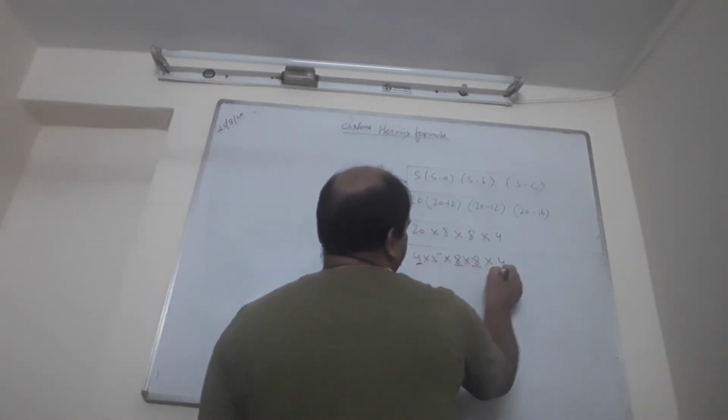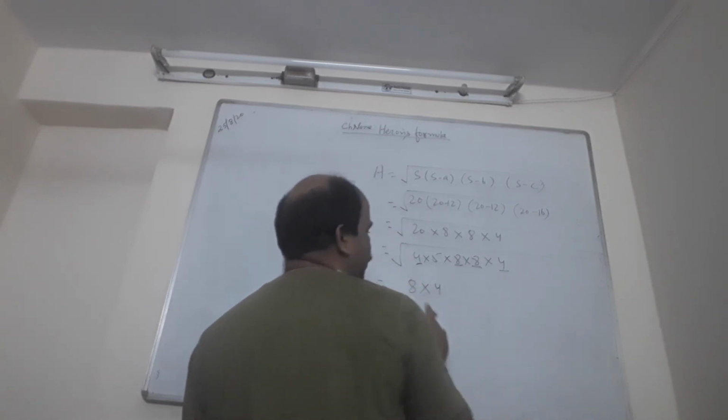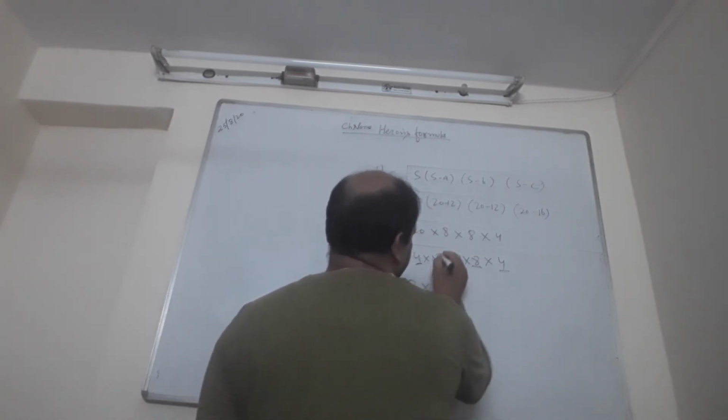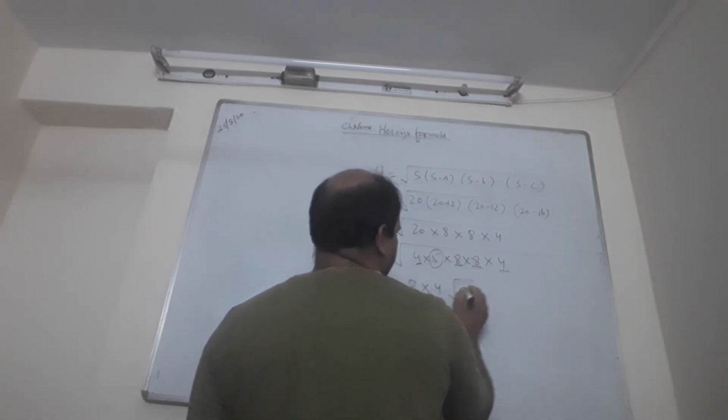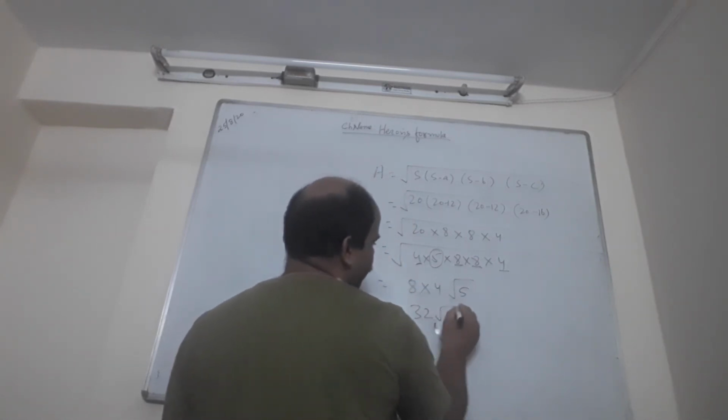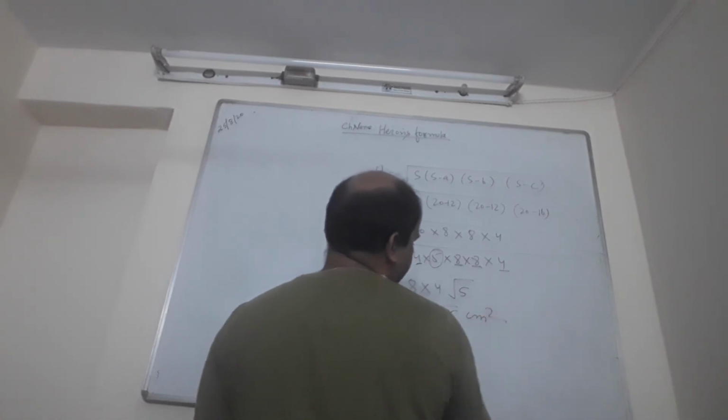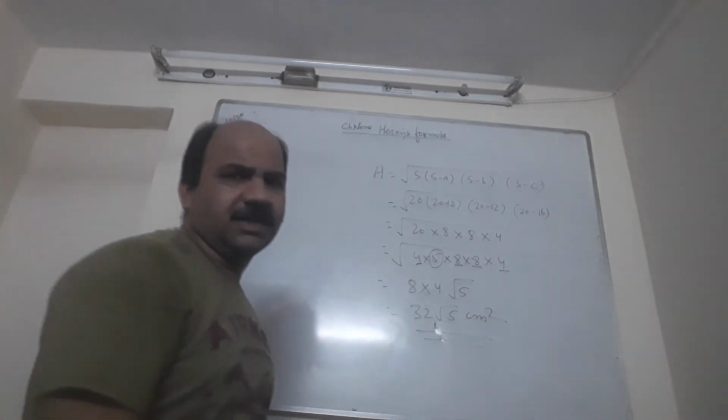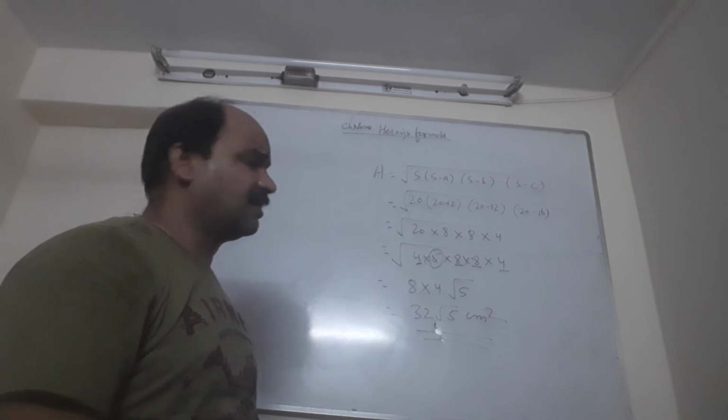And then again there is a pair of 4, so when it comes out of the root it becomes 4. And the number which is alone stays inside the square root. So you can write 32 root 5 centimeter square is the area of the given triangle.